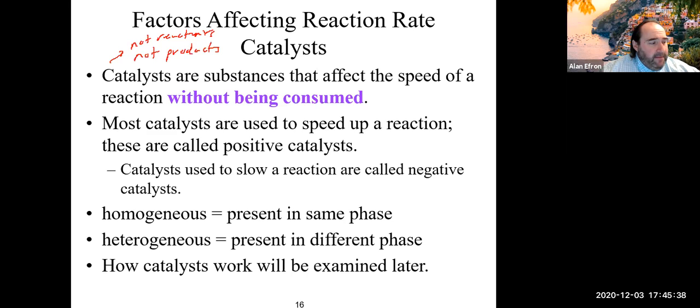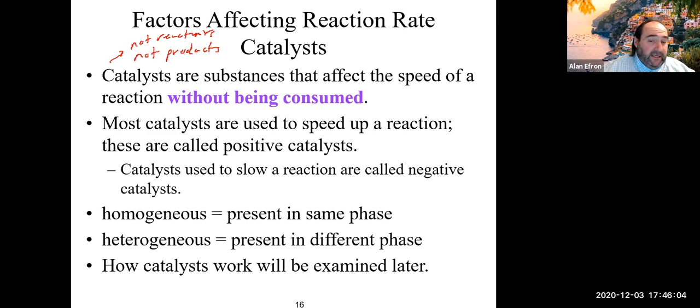A majority of the time when people talk about adding a catalyst to a reaction, they talk about it in the sense of speeding up a reaction. There are actually catalysts that can slow down a chemical reaction as well, which are sometimes referred to as negative catalysts. But most of the time, people are referring to catalysts in the sense of speeding up the chemical reaction.